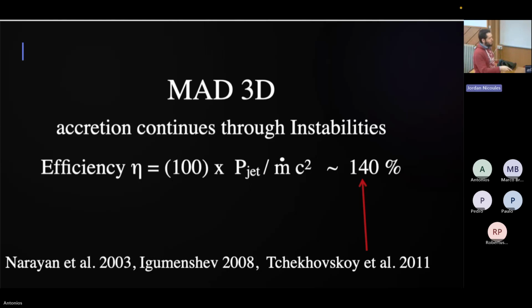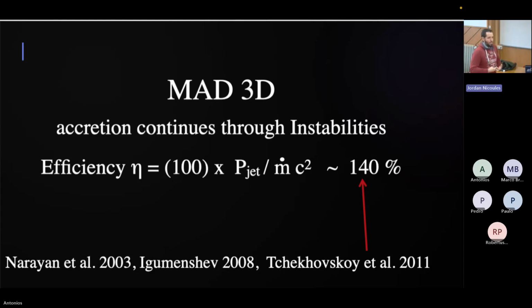And people have shown in 2011, Tchekhovskoy et al., that you can get an efficiency of 140%, which they wanted to claim that now, okay, I get 100% from the accretion, but I'm taking out 140%. So the extra amount of energy comes from the spin of the black hole.